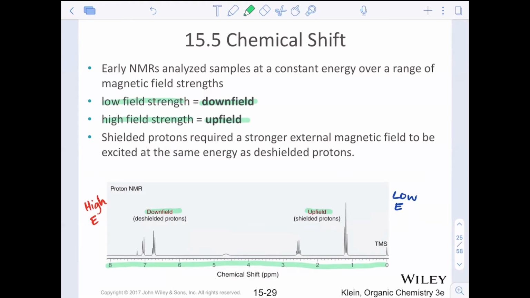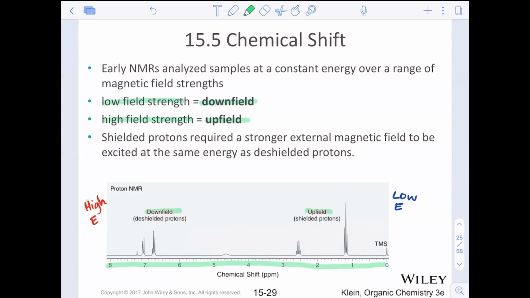Shielded protons also have smaller magnetic forces acting on them because of the electrons shielding the nuclei. So they have a smaller energy gap, and they absorb technically a lower energy of radio waves. That's why we also see this chemical shift at a lower value of ppm.